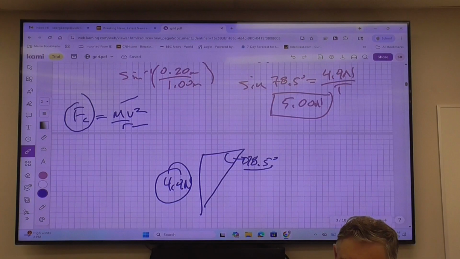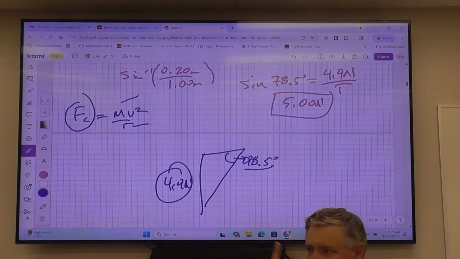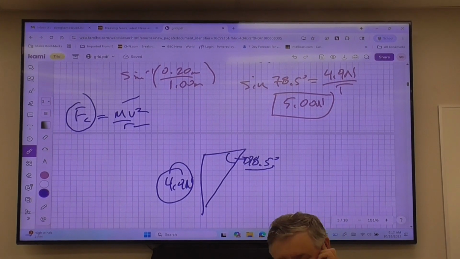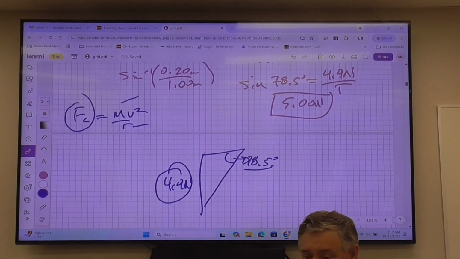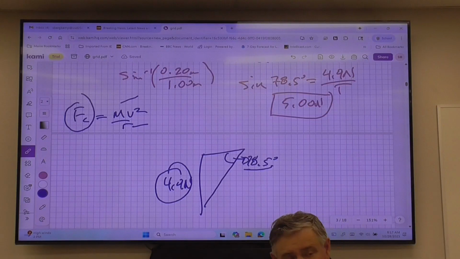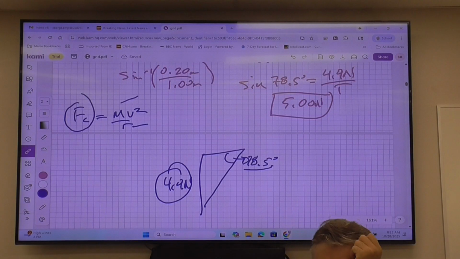So if you go through this, you get the centripetal force to be whatever that is, like 1. Okay. So if you do your centripetal force calculation, depending on how you do it, you're going to get a value of 1. So now you know what your centripetal force is.